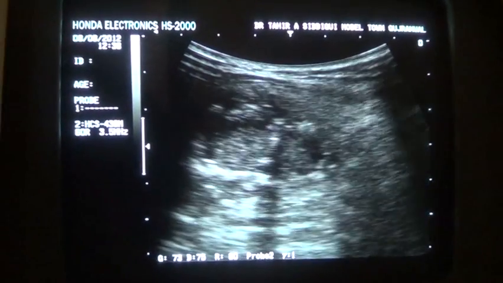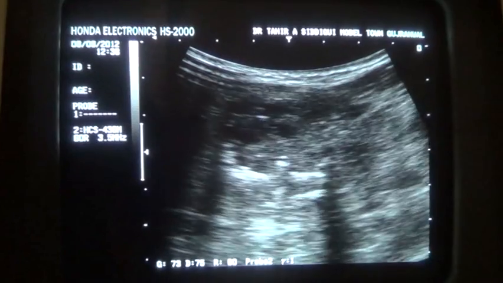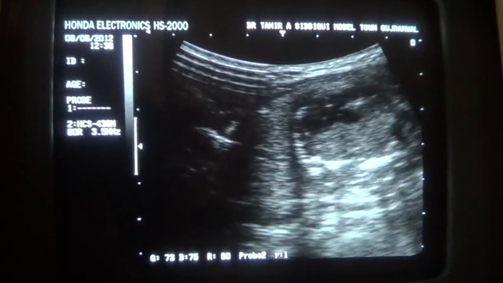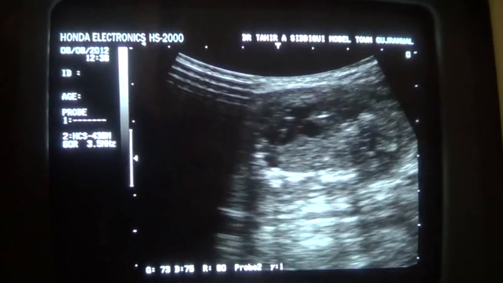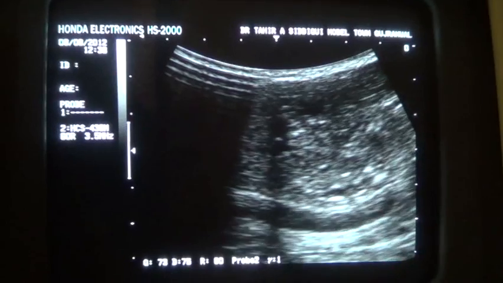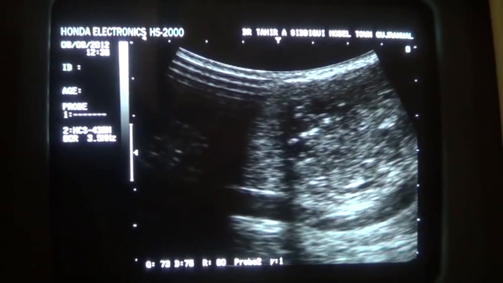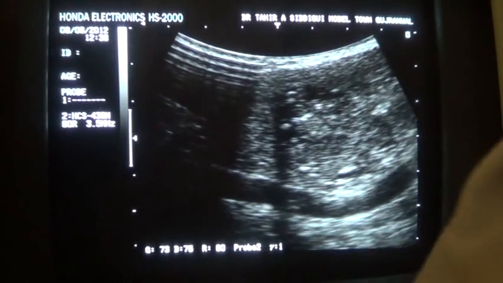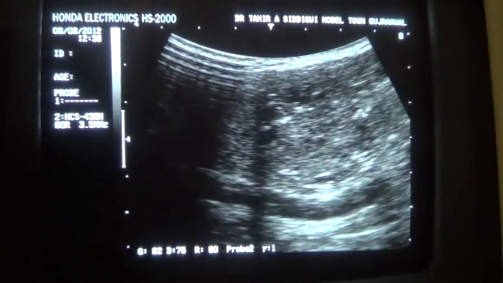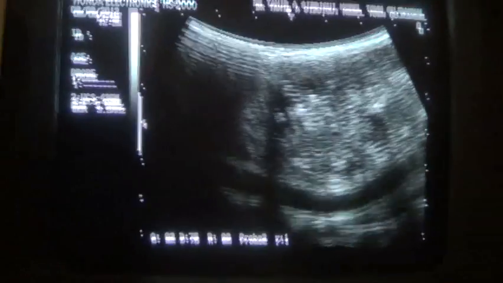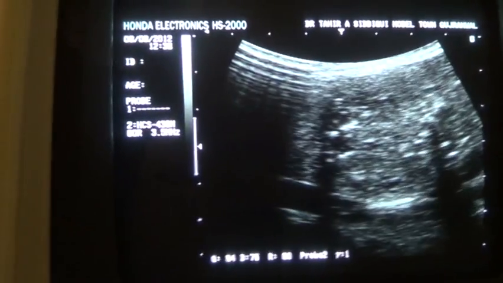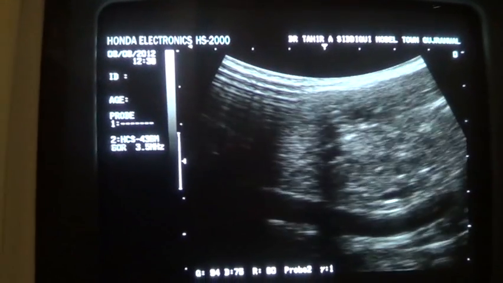Now I'm going to get the longitudinal section of the right lobe of the thyroid. Now you see that this is the right lobe of the thyroid, and here you see the landmark, the common carotid artery, coursing posteriorly.